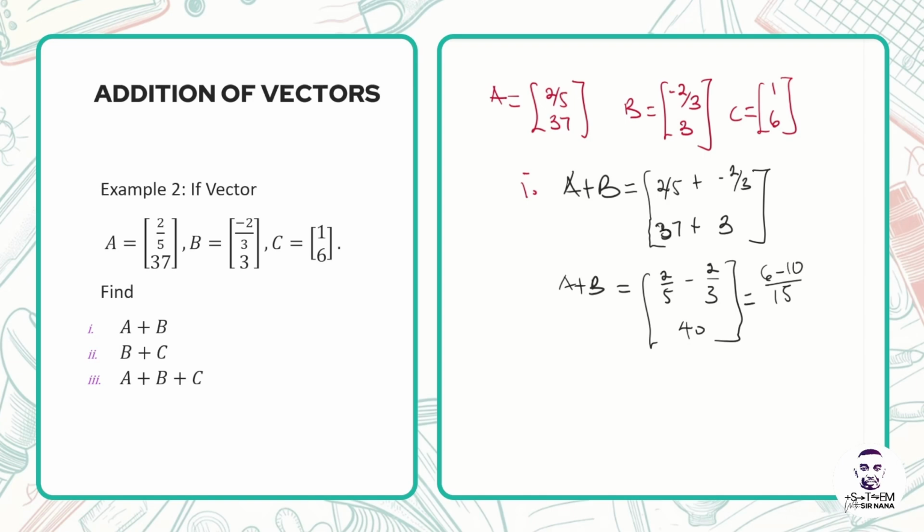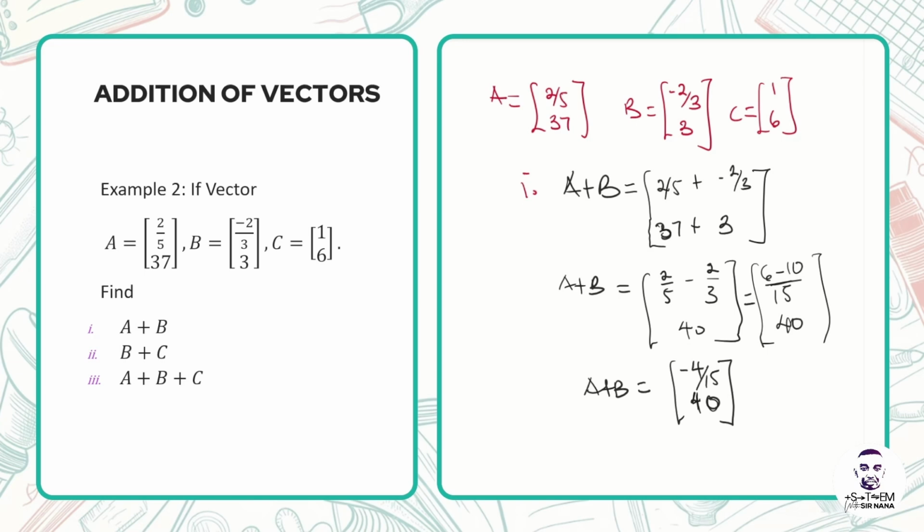So 6 minus 10 gives us -4, and we have 40 down here. So A plus B should be equal to -4/15 at the top, because it's a fraction, and 40 for the y coordinate.